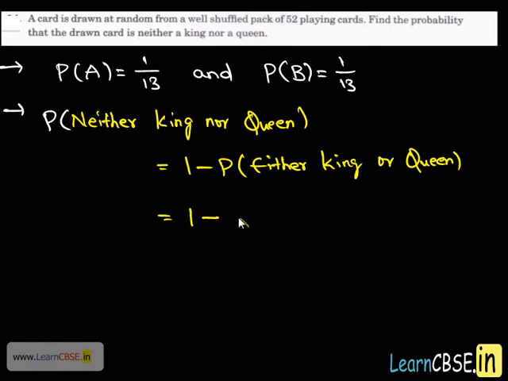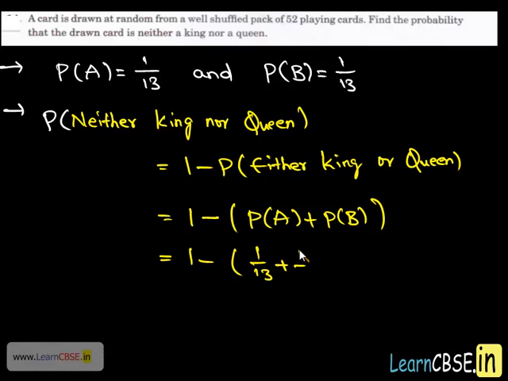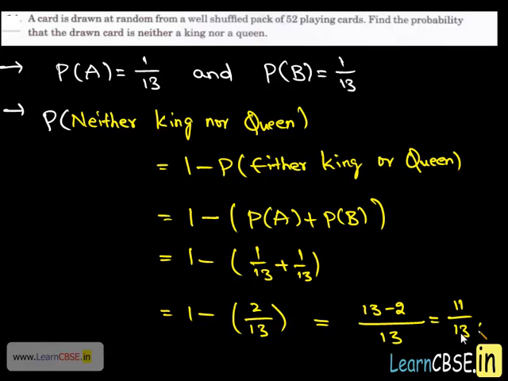Here A and B are the events, so the probability of either king or queen is P of A plus P of B, since A and B are mutually exclusive events, which is 1 upon 13 plus 1 upon 13, that is 2 upon 13. On simplifying, 13 is the LCM, and in the numerator 13 minus 2 is 11 upon 13. So the required probability is 11 upon 13.